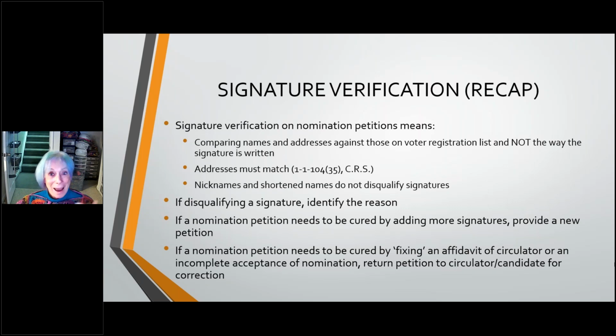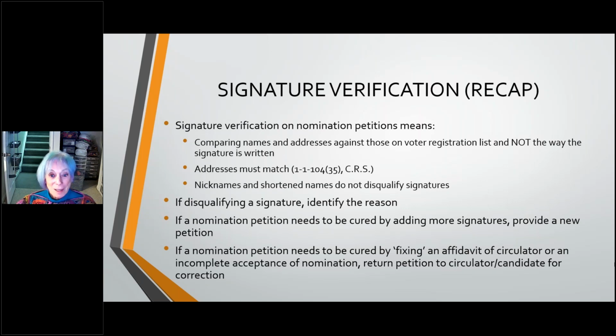So you can't add signatures and have the affidavit be legitimate or real. So what you do is if you need to add more, just give them a blank one. They go out, get more signatures, the affidavit of circulator is signed, the acceptance of nomination is signed. So it's as if you gave them 2 at once, but this time you're giving them another one.